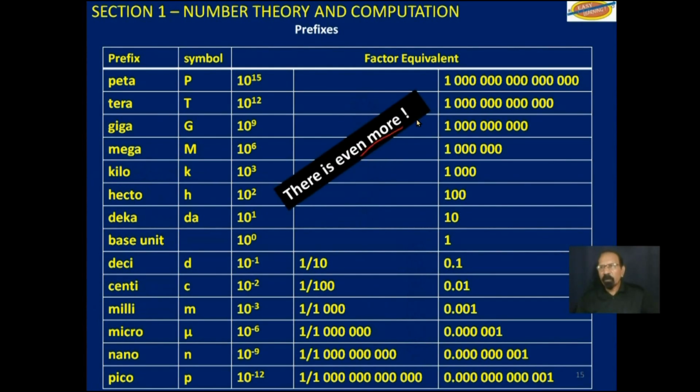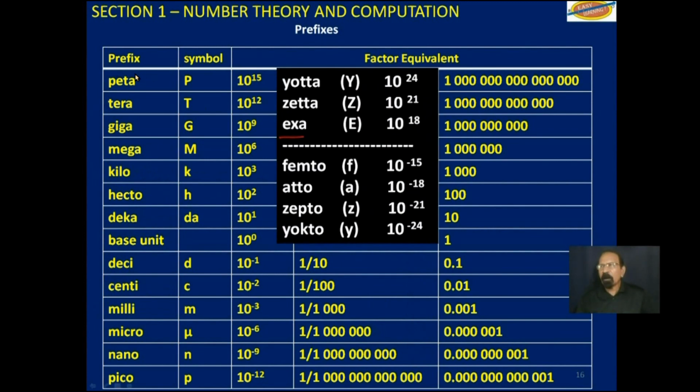Now, there is even more to this, but don't worry about it. I just show them to you. If you keep going up here above peta, which is 10 to the 15th, there is 10 to the 18th, which is exa and zeta and iota and so on. That's going up to 10 to the 24th.